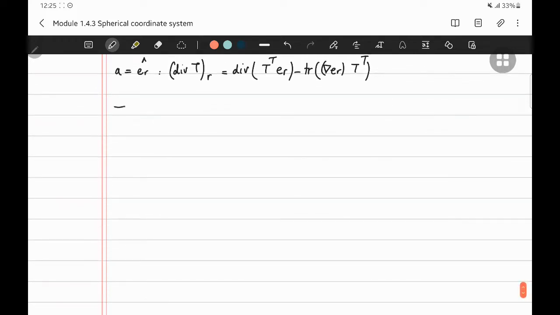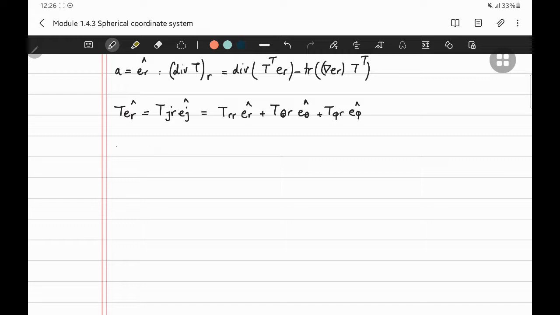So we have T ER, we already discussed this. This is equal to T_jR E_j, and j is obviously R, theta, and phi, so it's a dummy index. So we have T_RR ER plus T_theta R E theta plus T_phi R E phi.